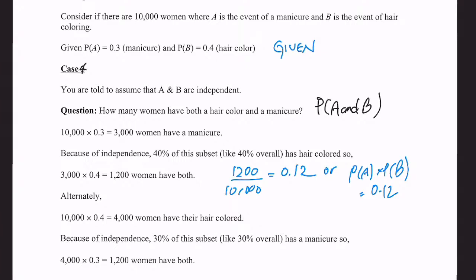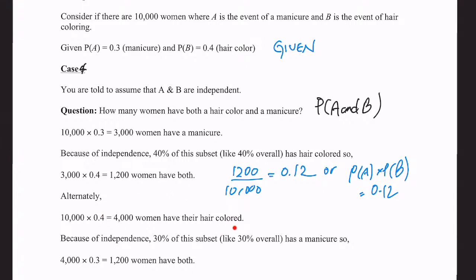Now you could have done this the other way as well. You could have just said, take all 10,000 women, and how many of those women have their hair colored? Well, 40% of 10,000, or 4,000 women have their hair colored. And now out of those 4,000, how many also have a manicure?